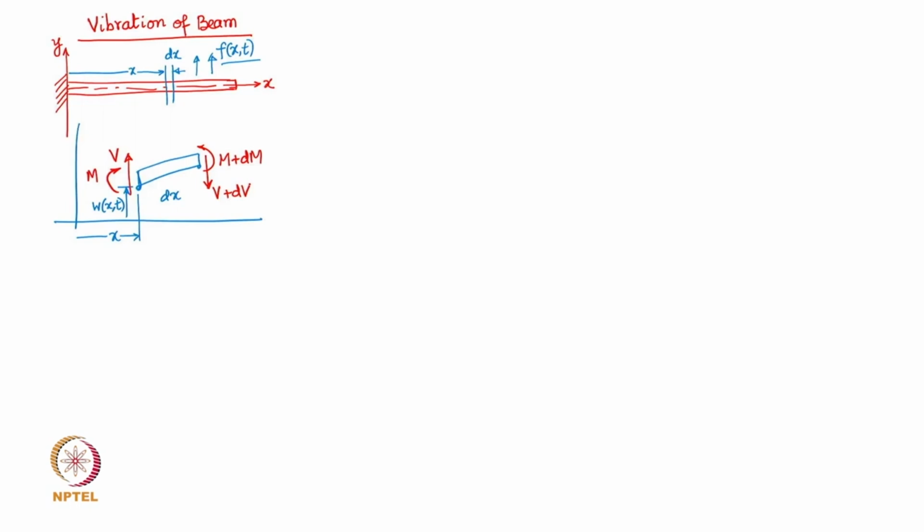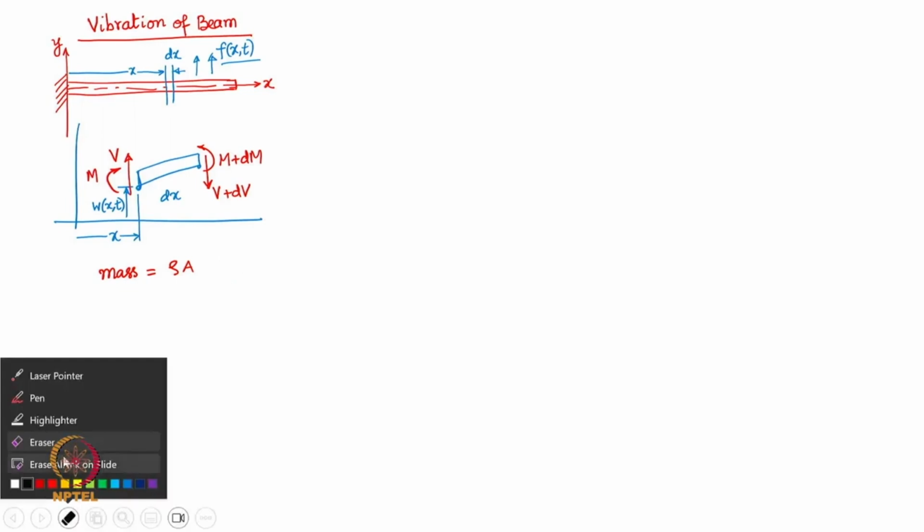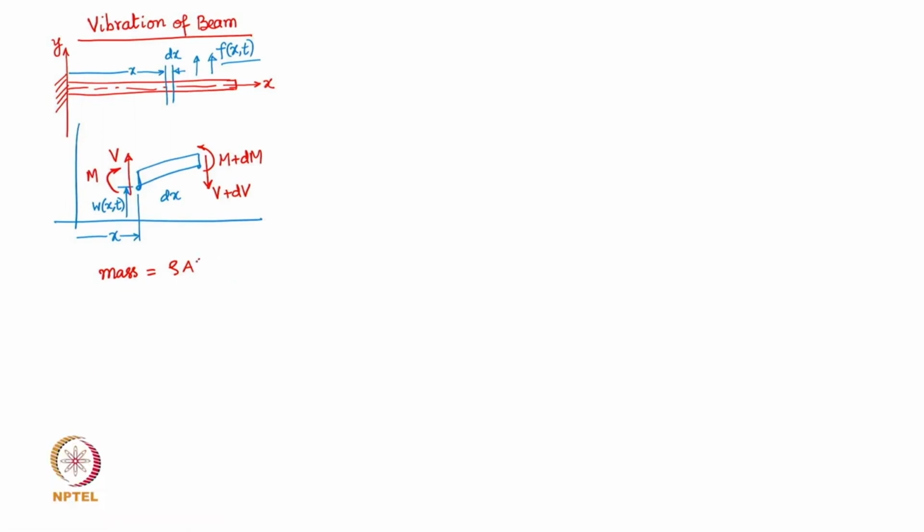So the mass of this element is going to be rho A dx. A is of course the cross sectional area, and more appropriately I think we should in a general case say that this is rho A(x).